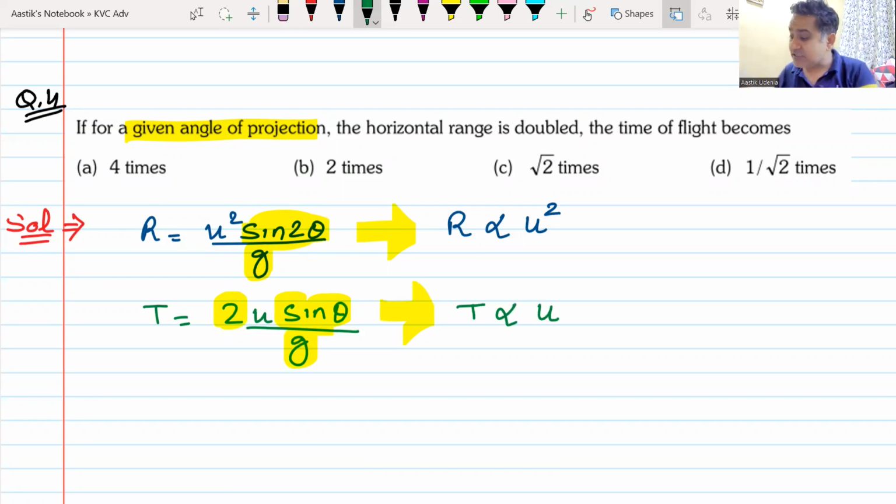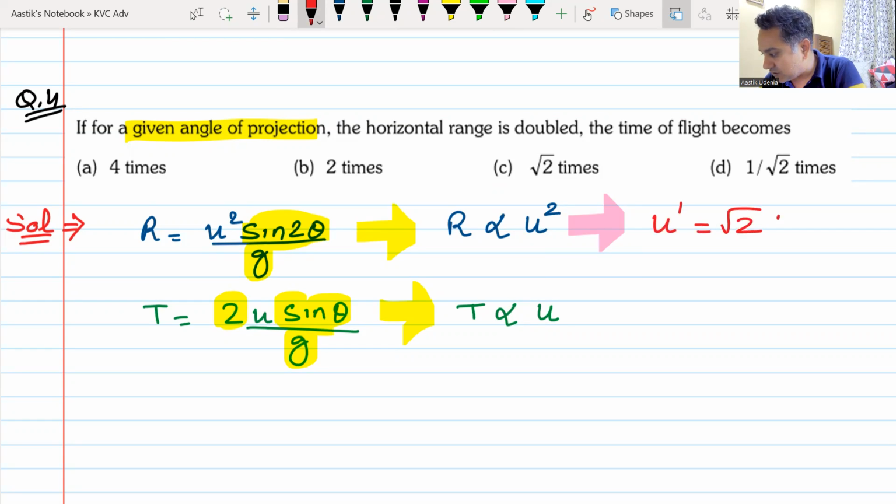Now, if range is doubled, my dear friend, then what will happen to u? You will become root 2 times. Yes or no? The new u dash will become root 2 times of original u. Range is doubled.